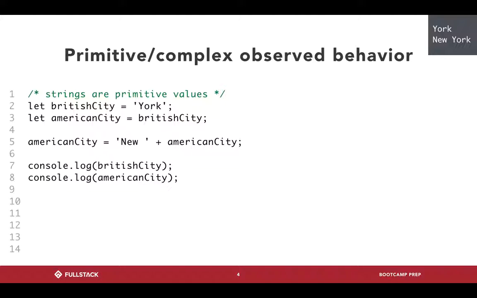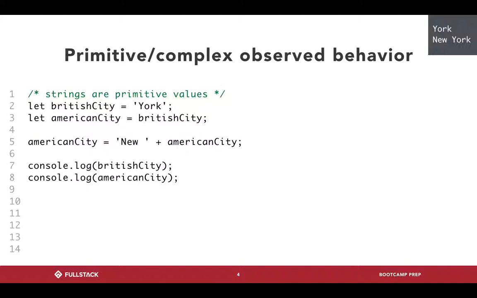I think the point here is, well, if British city equals York and American city equals British city, then how come British city didn't change alongside American city, right? Because American city clearly changed; it became New York. Why did British city not change?